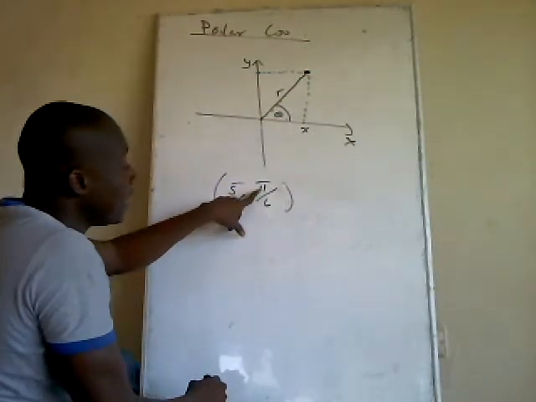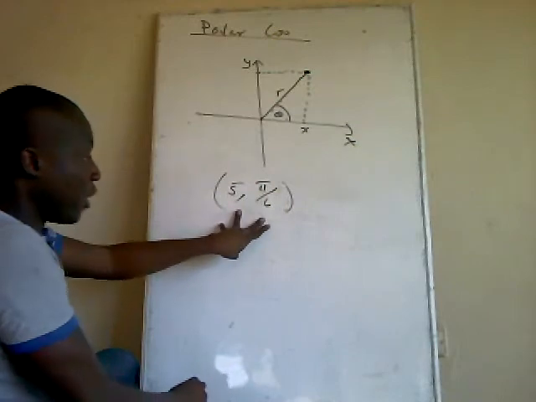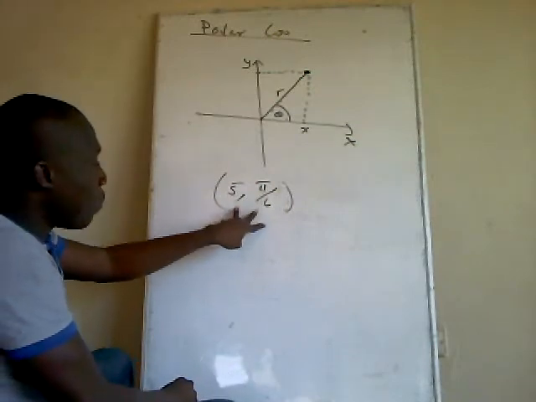Of course, we know pi is 180, divided by 6. Then this here is a point in polar coordinate.